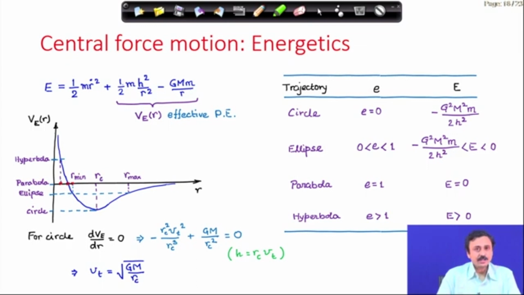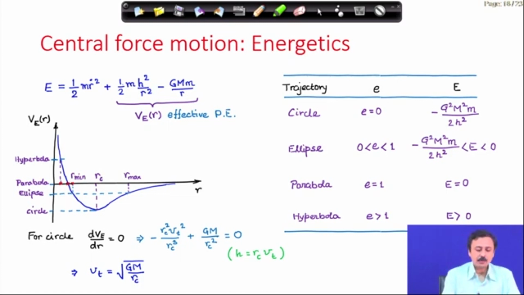This effective potential energy is the total energy of the particle, and because that is constant, it is true for any other values of theta and any other value of r on that trajectory. Therefore, this effective potential energy actually gives us the total mechanical energy of a particle in a certain path.